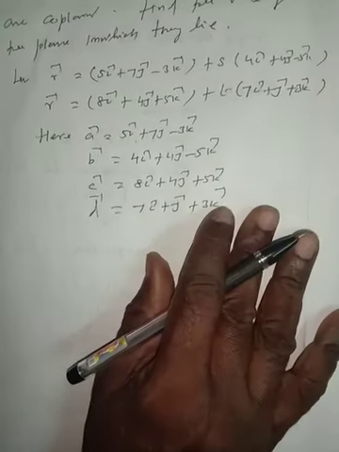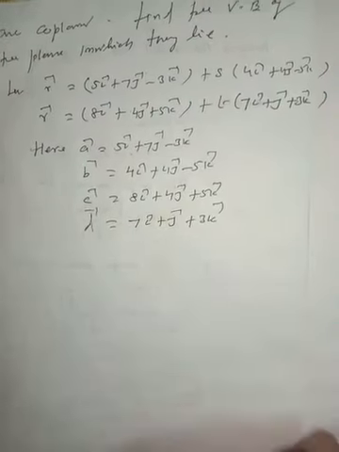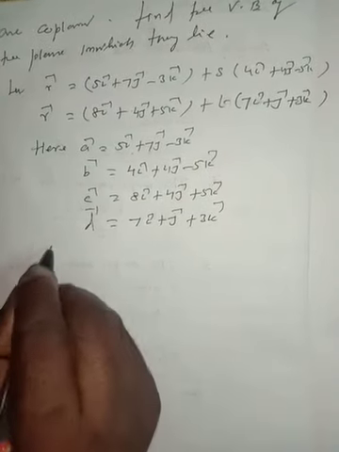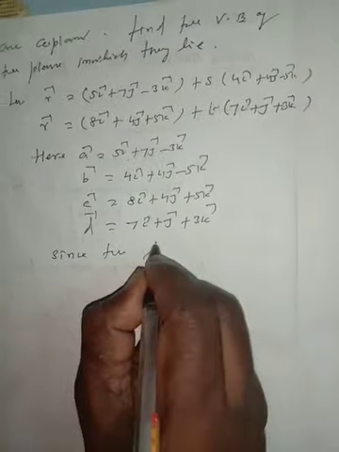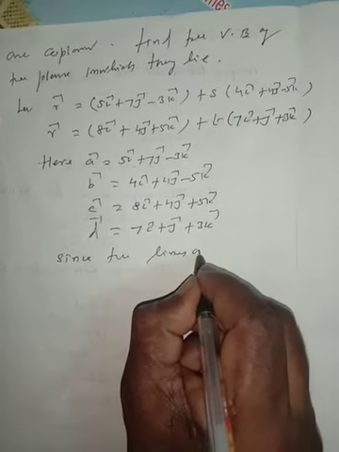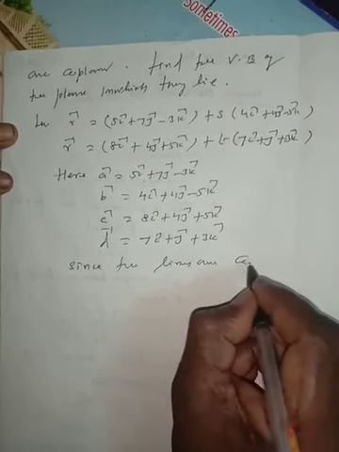Now first to find b cross d, since the lines are coplanar.